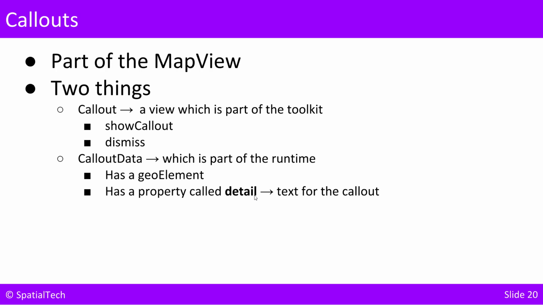Where a pop-up view is more focused on showing information on each column value for a particular feature, we'll say, a callout is usually focusing on one line of text for the whole feature. That's how callouts are typically used. It's very much like the old info window in the Google Maps API.